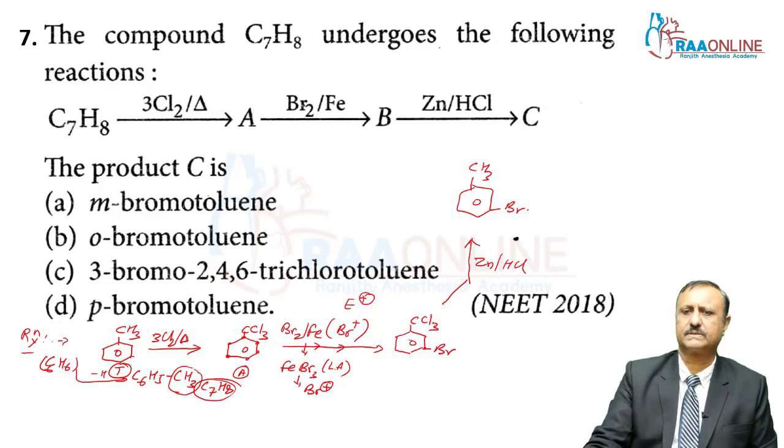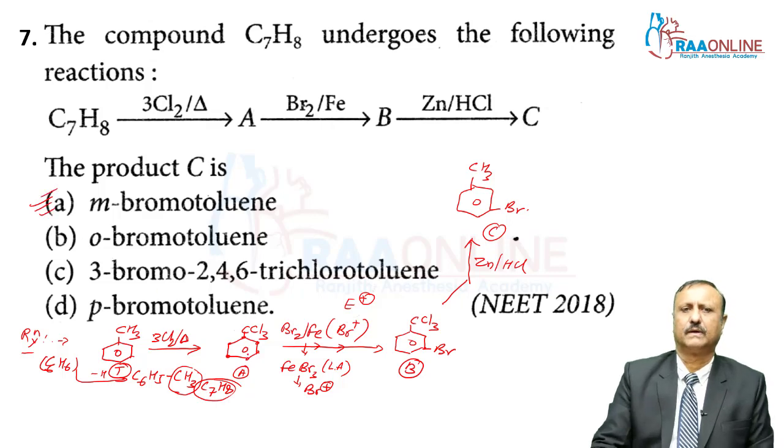So CCl3 is converted to CH3 by the reduction with zinc and HCl. So this compound is called meta-bromotoluene. This is the C compound, this is the B compound, and this is the A compound. So you can get meta-bromotoluene, and this question was asked in NEET 2018.